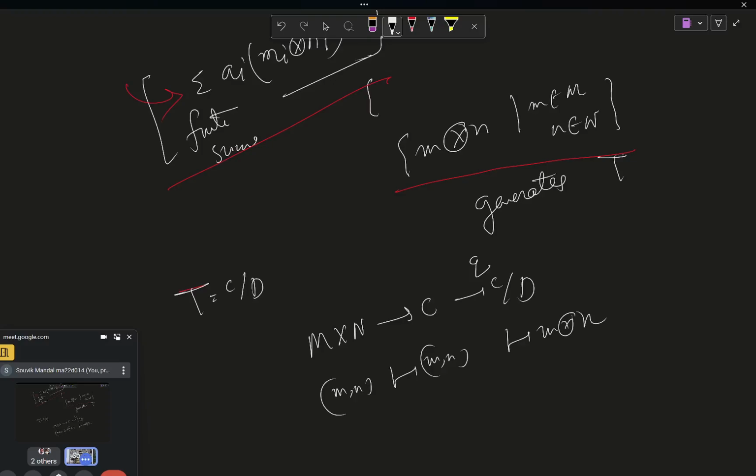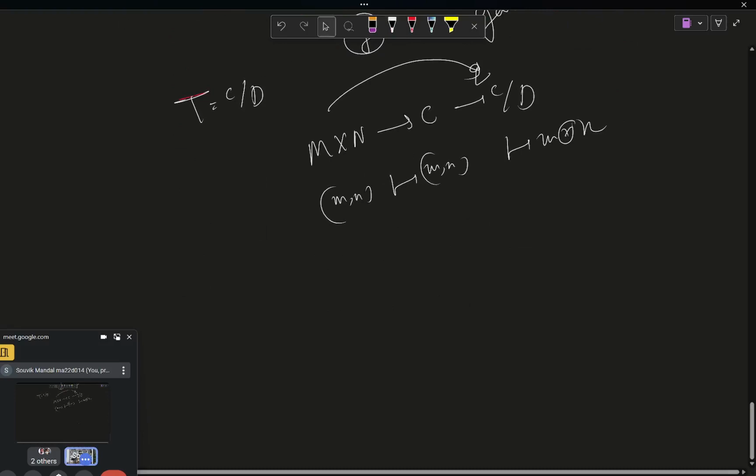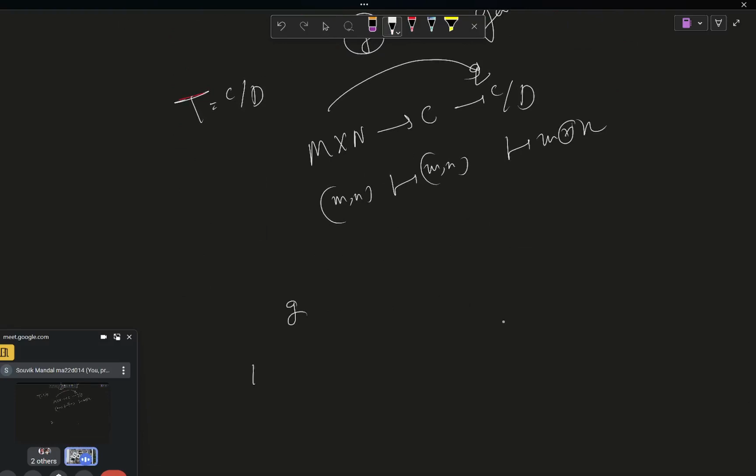This composition we denote by small g. So small g is a map from M cross N to T, where (m, n) goes to m tensor n. Okay, this is the map g. Understand?